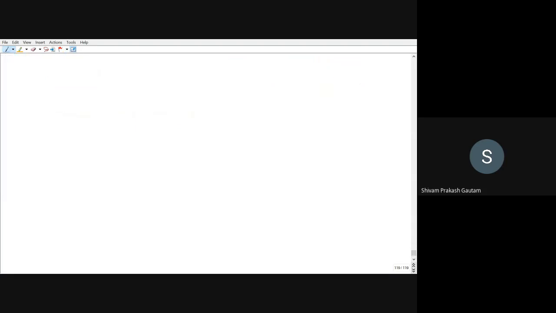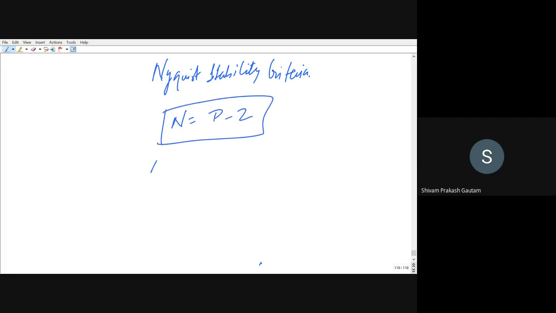Okay, so yesterday we were studying the Nyquist stability criteria. In this, we have seen the formula N is equal to P minus Z, where N is the net encirclement of the -1 plus j0 point in the GH plane.